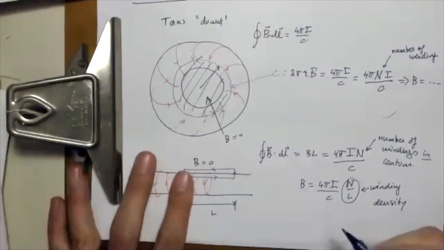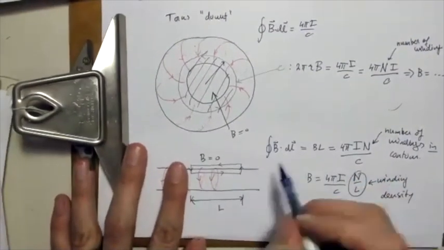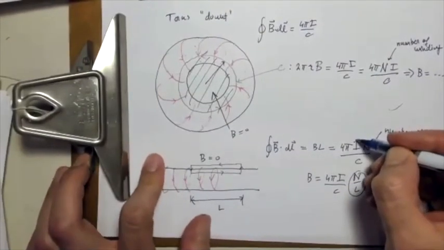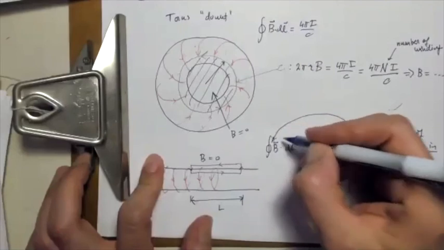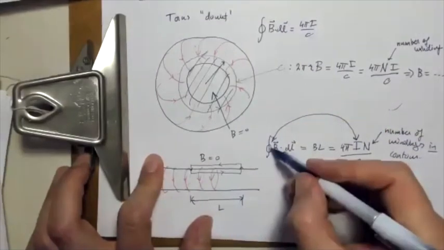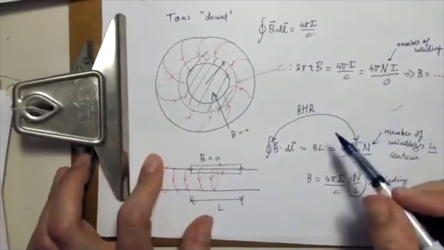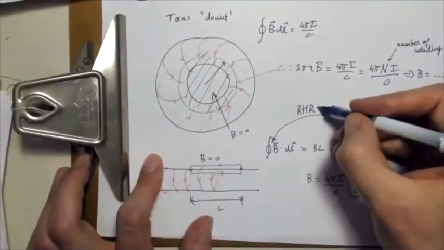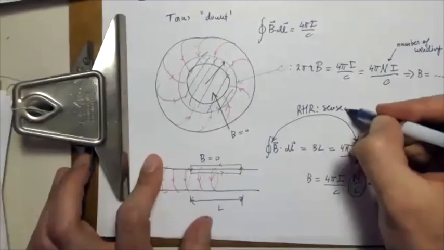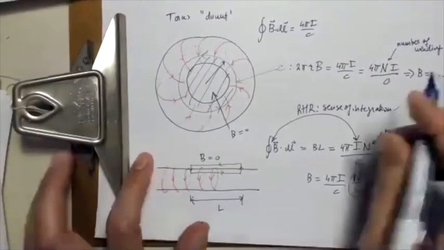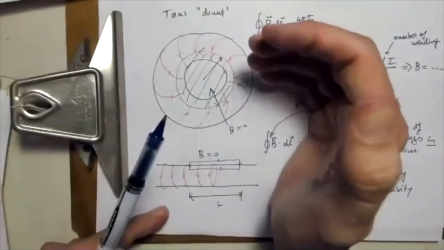Now, a couple of things about sign conventions. So this I and this contour integral are linked through a right-hand rule, where the sense of integration is given by the fingers of your right hand, right?